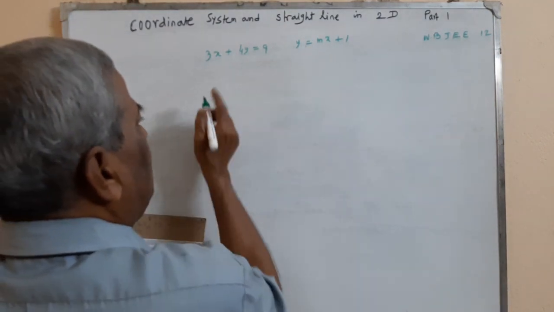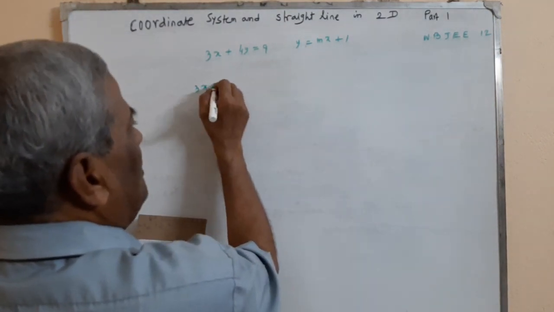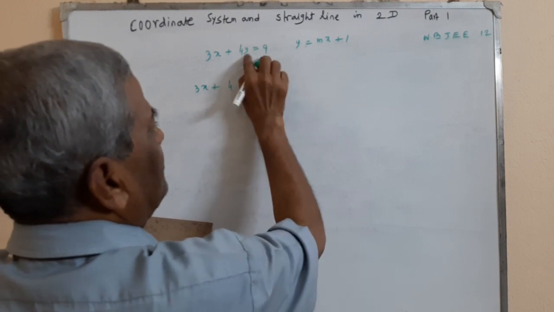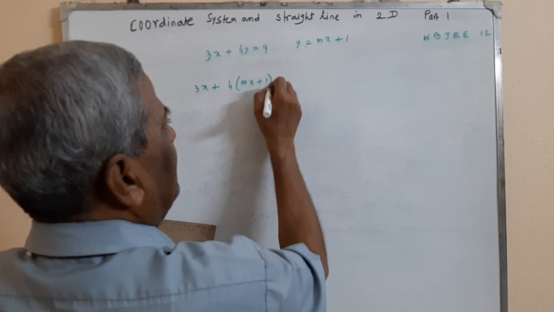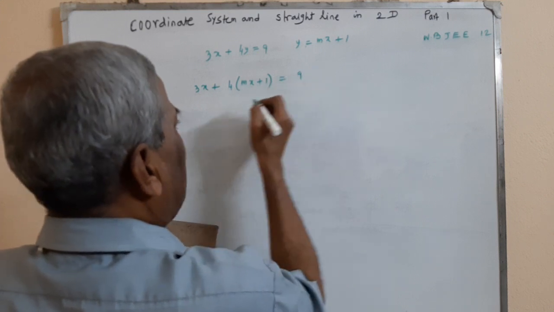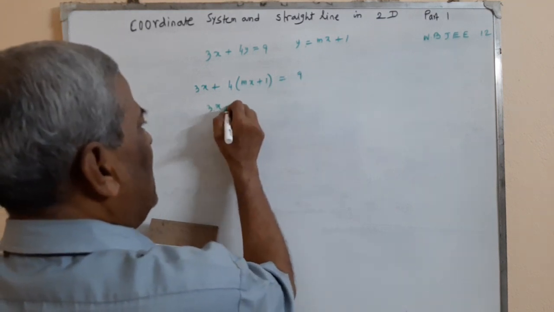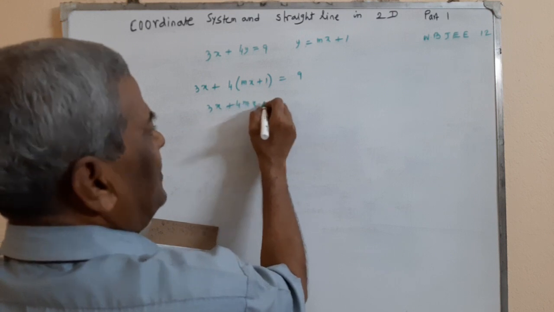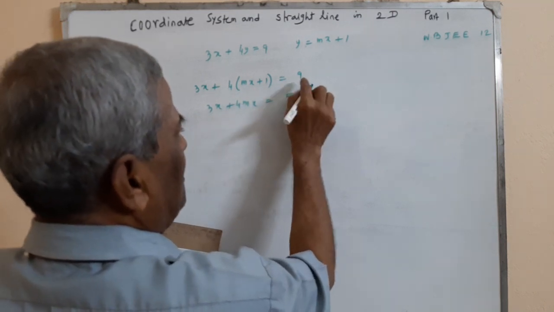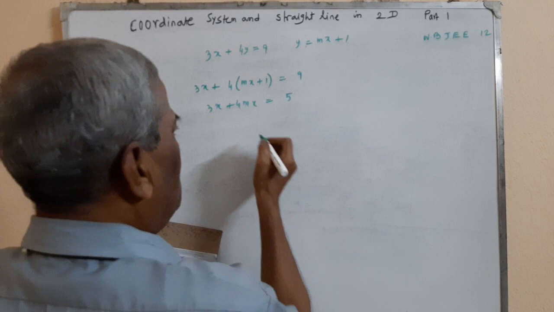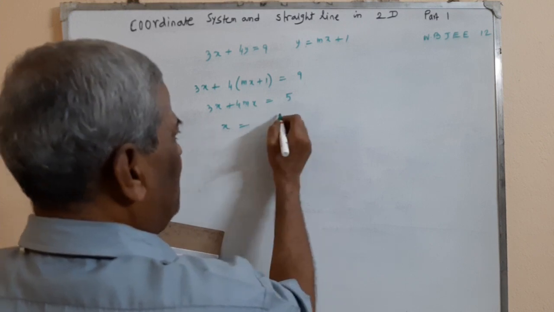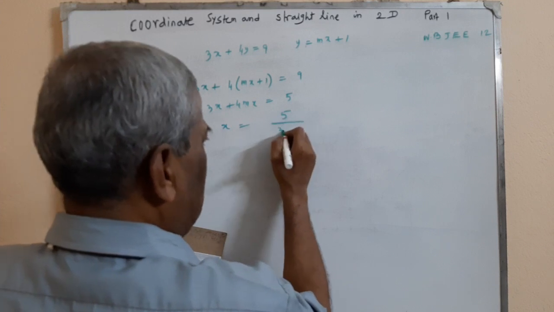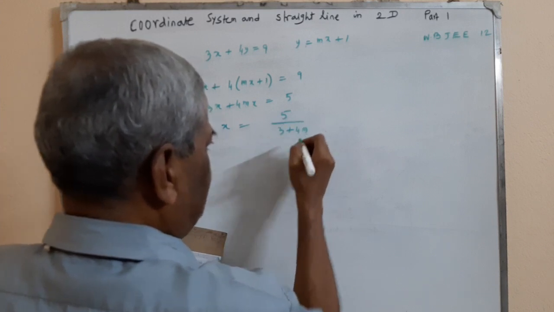Solving this and that, we get 3x plus 4 into y, that is mx plus 1, is equal to 9. That is 3x plus 4mx is equal to 9 minus 4. So that x is equal to 5 by (3 plus 4m).